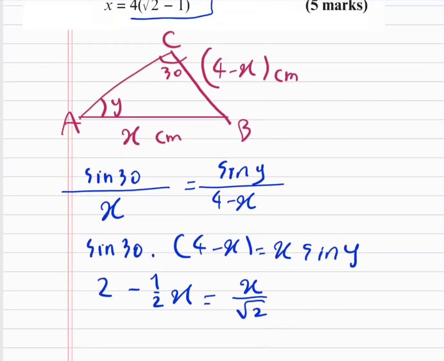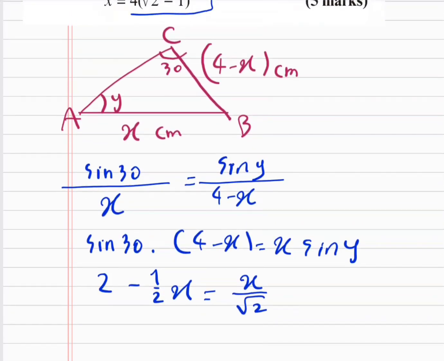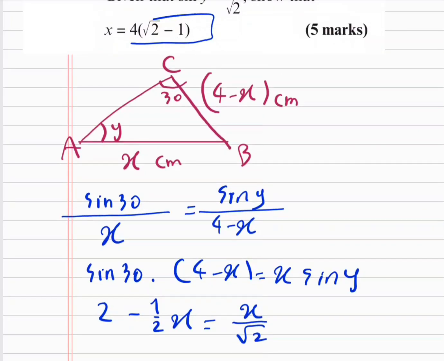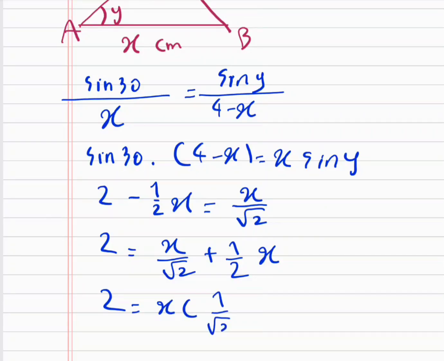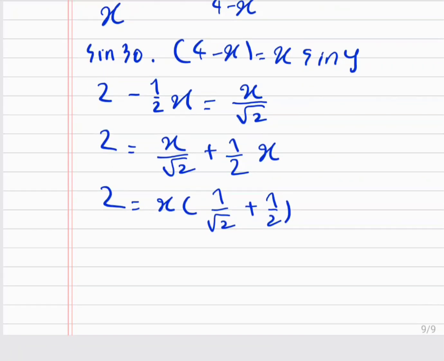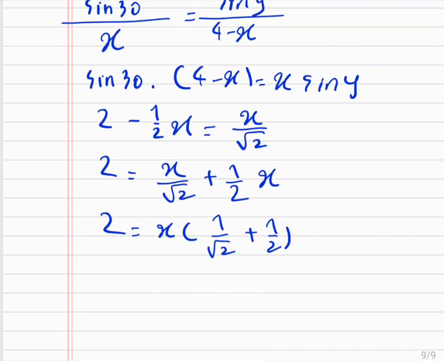Now that we have this in this form, we can rearrange. So we have 2 is equal to x over root 2 plus half x. And we can take a factor of x, so we get x times 1 over root 2 plus a half. We now need to divide both sides by this bracket.